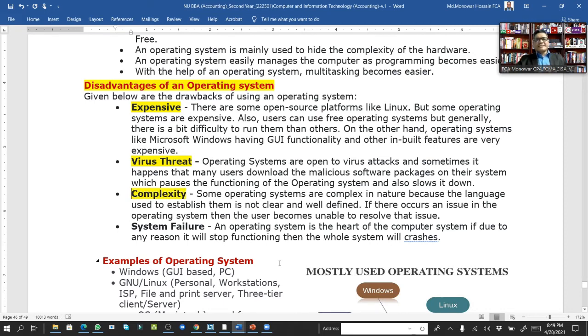Complexity: some operating systems are complex in nature because the language used to build them is not clear or well defined. System failure: an operating system is the heart of the computer system. If, for any reason, it stops functioning, then the whole system will crash. So there are disadvantages in the operating system too.